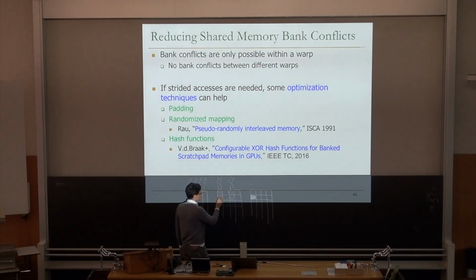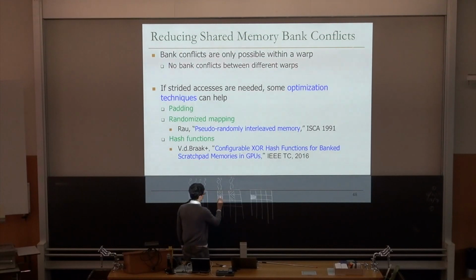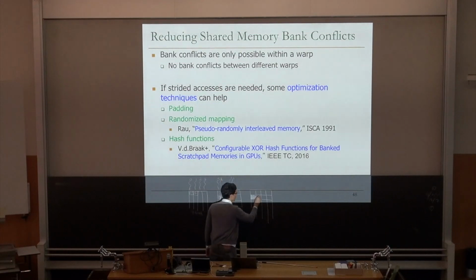So this element here that was going to be accessed by thread 2 now is going to reside here. So when we have thread 0 reading here, thread 1 reading here, thread 2 will access here, and thread 3 will access here.